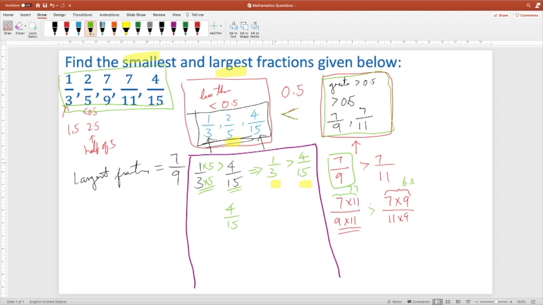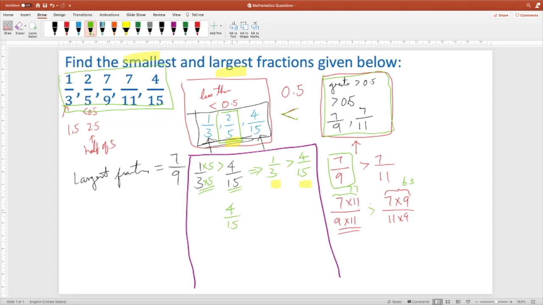So we are going to choose 2 over 5 and then compare that with the smallest number we find so far. If 2 over 5 is smaller than 4 over 15, 2 over 5 will be the smallest fraction. If 2 over 5 is greater than 4 over 15, which one will be the smallest number?